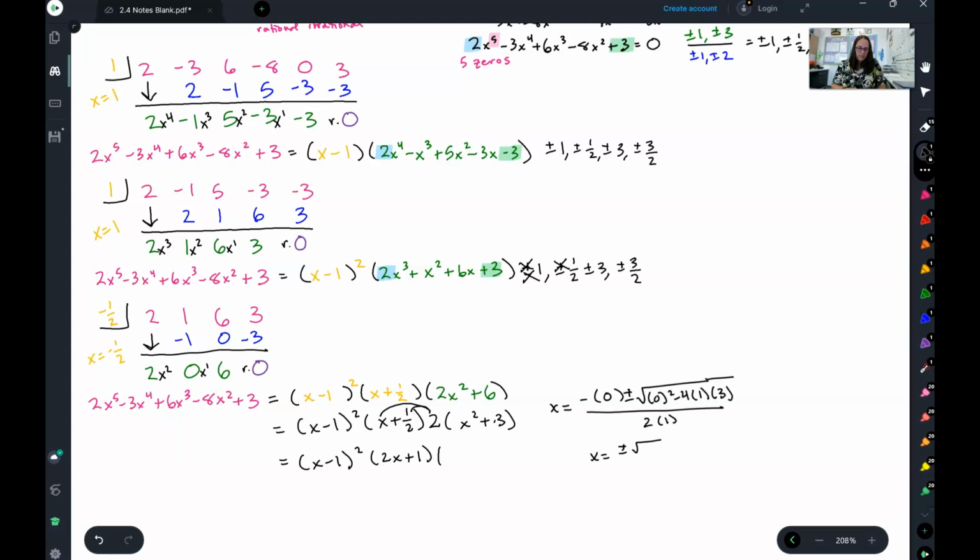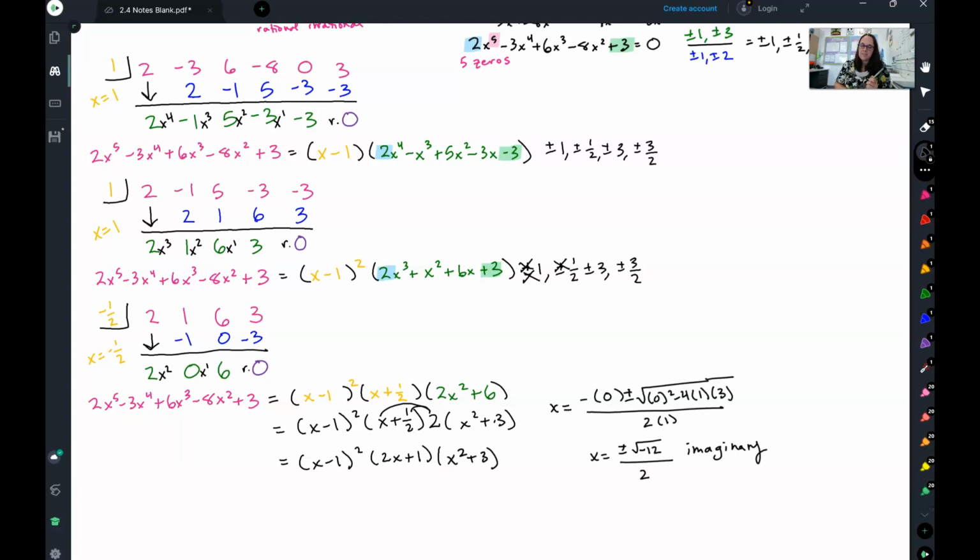So this is 0 squared is 0, minus 4 times 1 times 3, so negative 12, all over 2. And you should notice pretty quickly, this is square root of a negative. This is imaginary, which means our x squared plus 3 does not factor any further, at least for now.